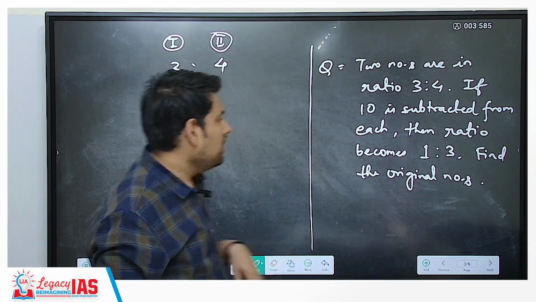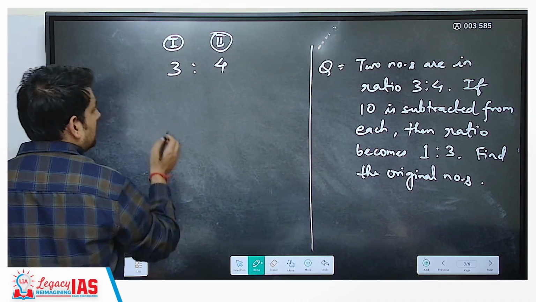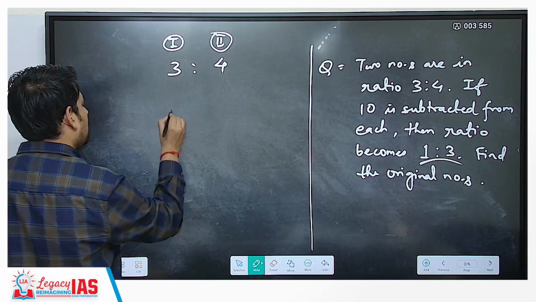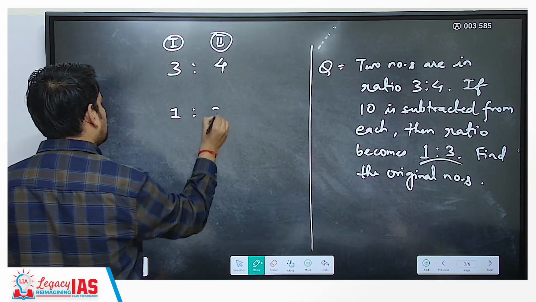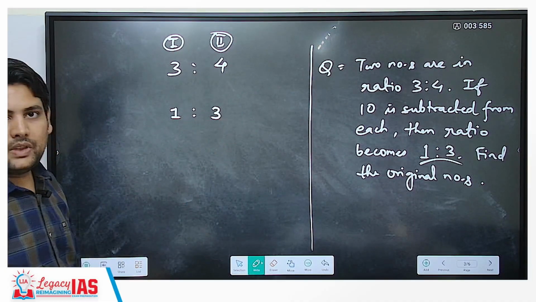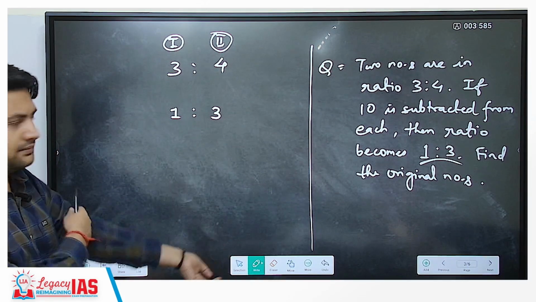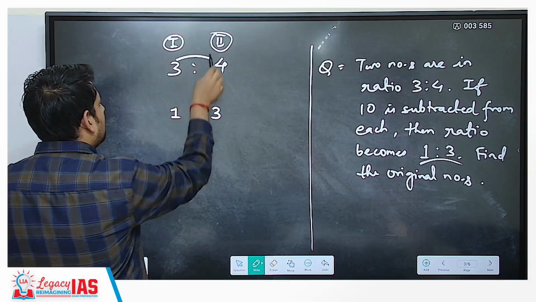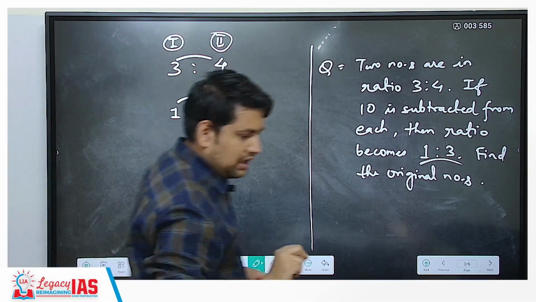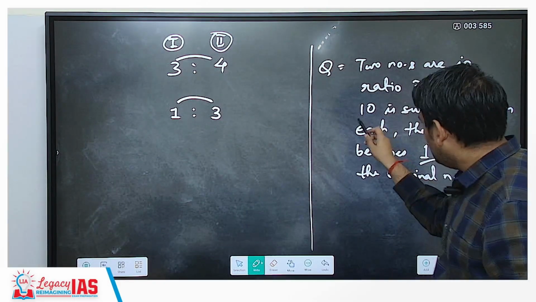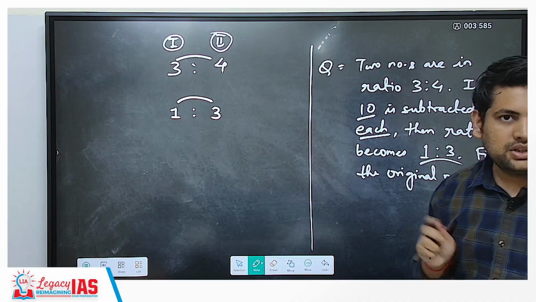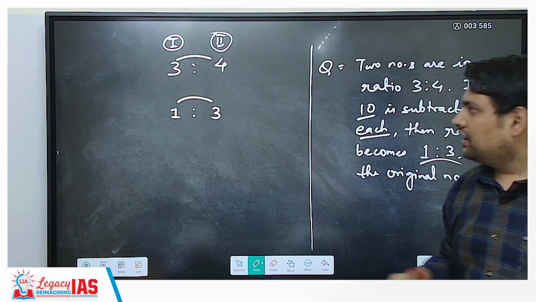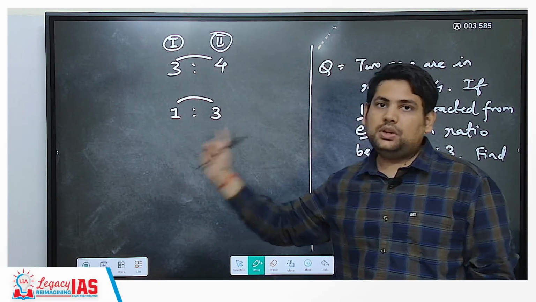Now 10 is being subtracted from both of them and the new ratio becomes 1:3. Now, if 10 is subtracted from both of them, what you know for sure is that the difference between them will be constant.